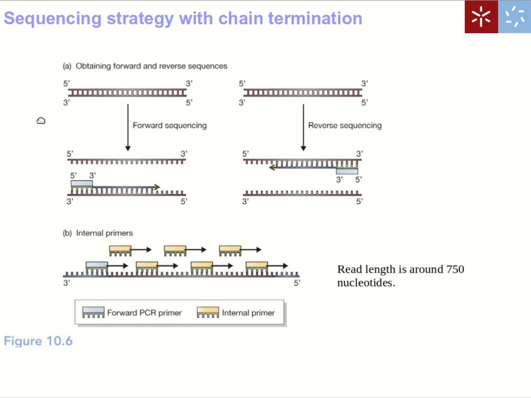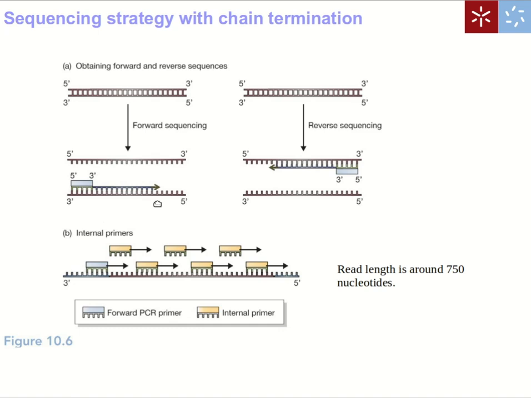Before starting to sequence a molecule with the Sanger protocol, we actually have to know a small part of the sequence, about 20 nucleotides or so, and we also have to synthesize a primer to bind this area. We usually also try to obtain the reverse sequence by synthesizing a primer for the complementary sequence in order to increase the fidelity of the sequence.